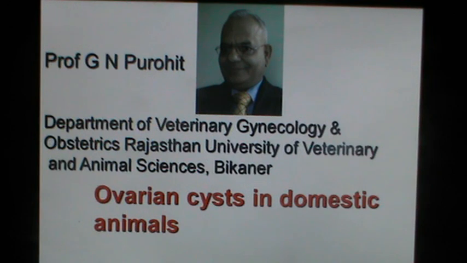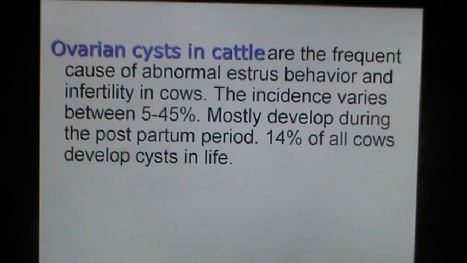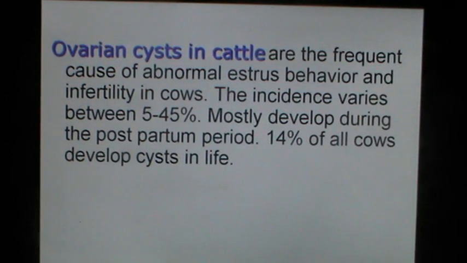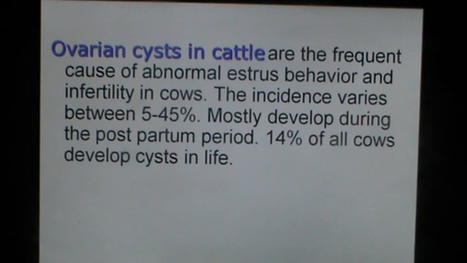And today in my next lecture, I will discuss something about ovarian cysts in the domestic animals. Now, ovarian cysts are a frequent cause of abnormal estrous behavior and infertility in dairy and beef cows.